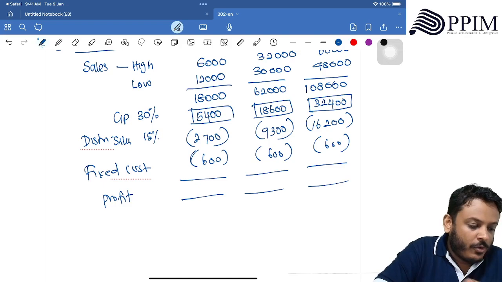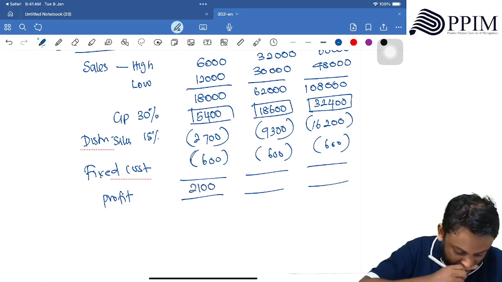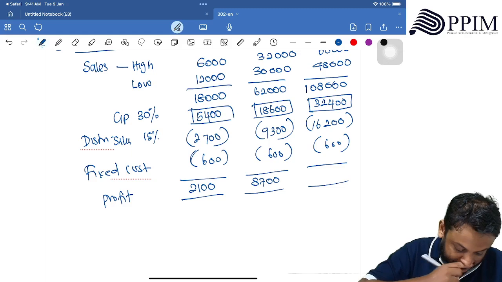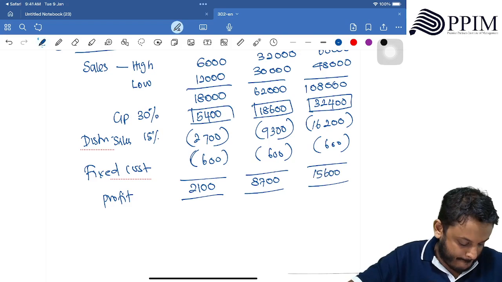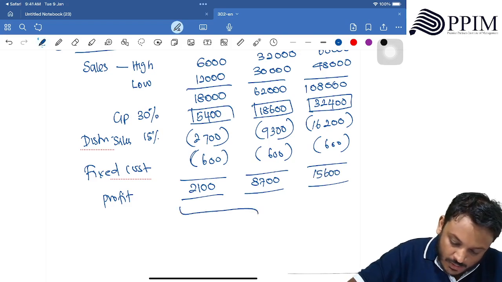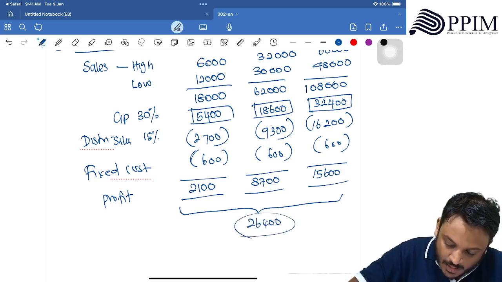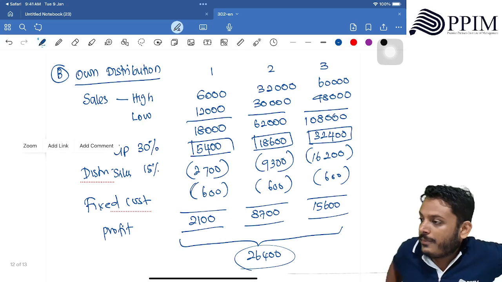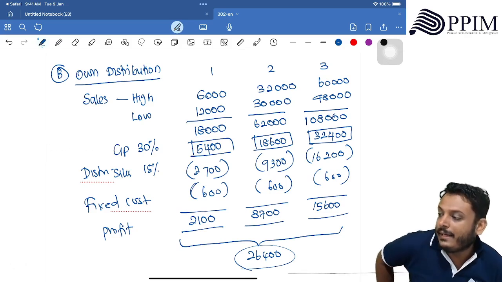So 5,400 gross profit minus 2,700 minus 600 equals 2,100 profit, 8,700 profit, 15,600 profit. So all three options together total 26,400. This is the profit you generate if you have own distribution.